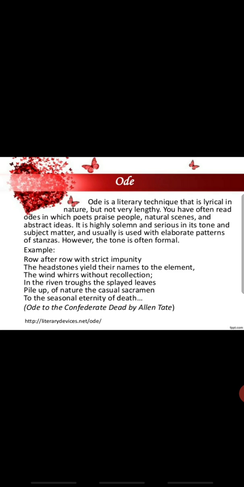Ode is a type of poetry, and it's a literary technique that is lyrical in nature, but it's not very lengthy. The main feature that I'm going to tell you is that the subject matter of ode is very lofty.